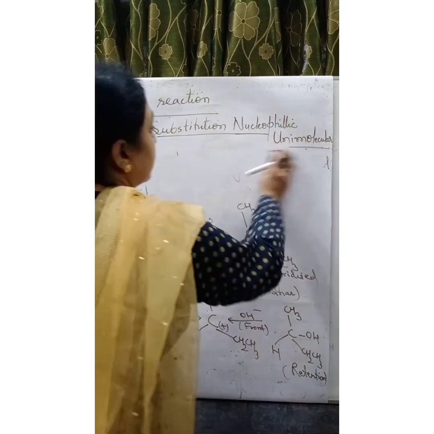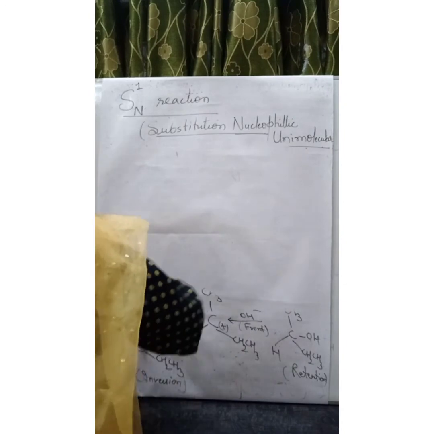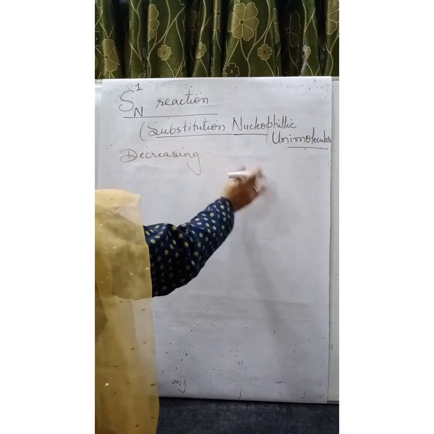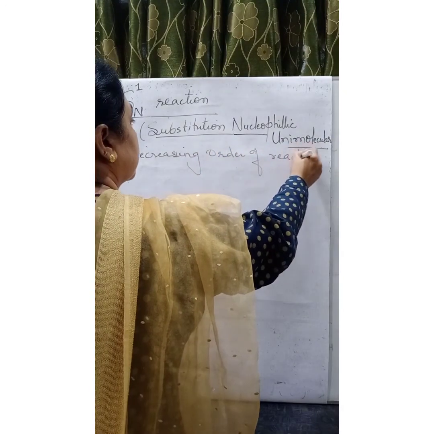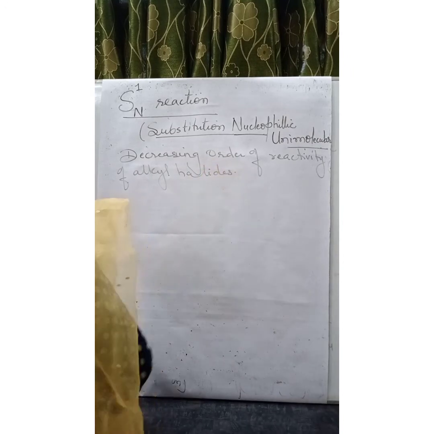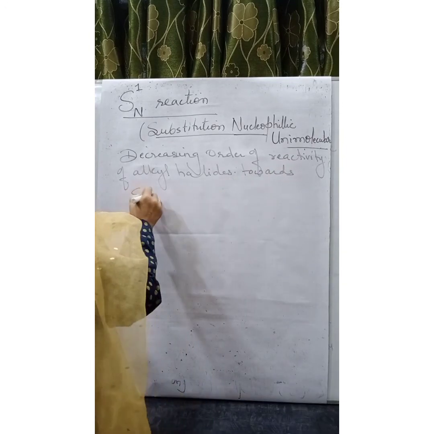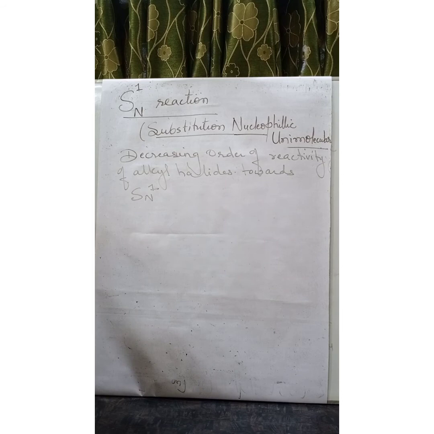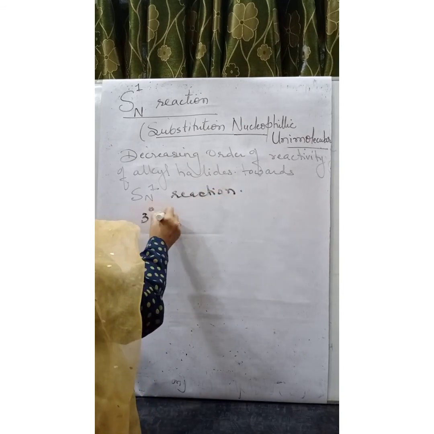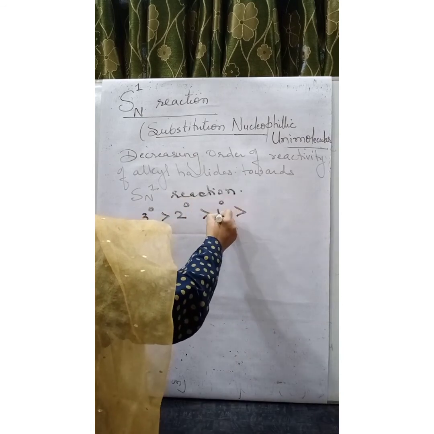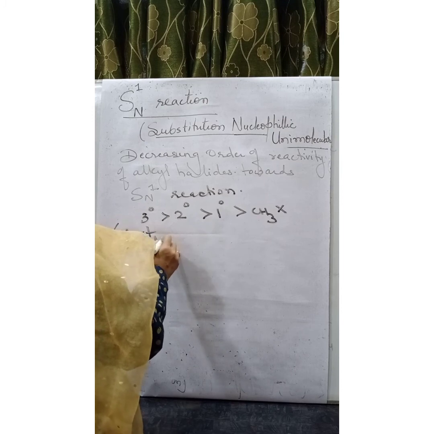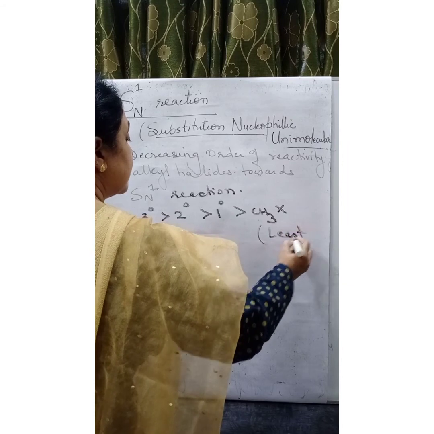If we talk about the decreasing order of reactivity of alkyl halides towards SN1 reaction, it is 3 degree, greater than 2 degree, greater than 1 degree, greater than CH3X. 3 degree is the most reactive and CH3X is the least reactive.